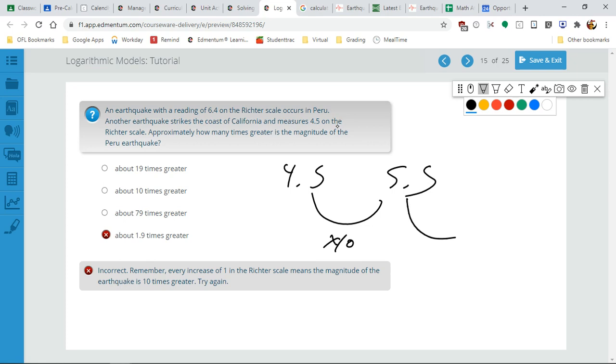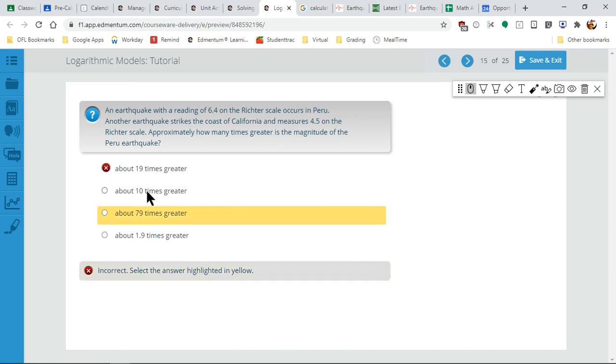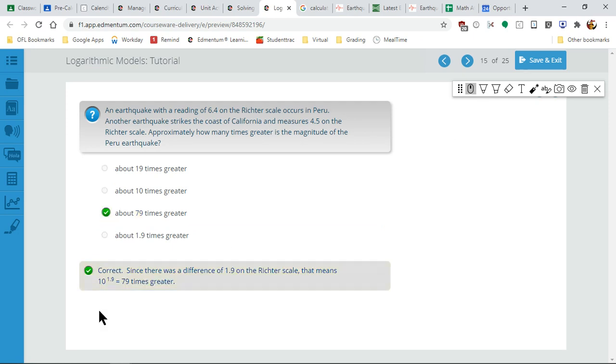So going from here to here, that's going to be 0.9 out of 10 times greater. So it's going to be about 79 times greater. But I don't know how they want us to plug that into a calculator. 79 times greater? Okay.